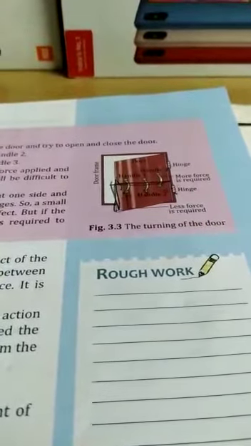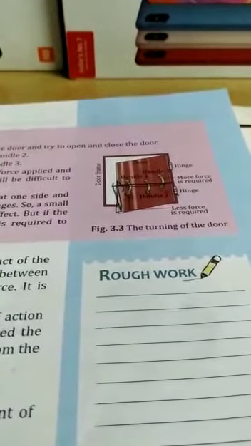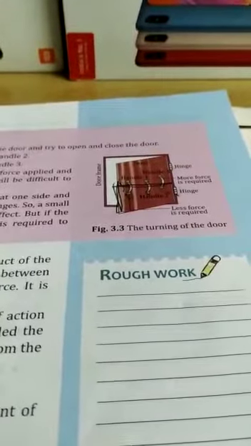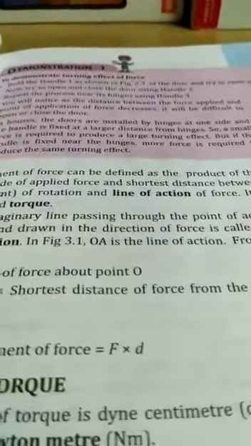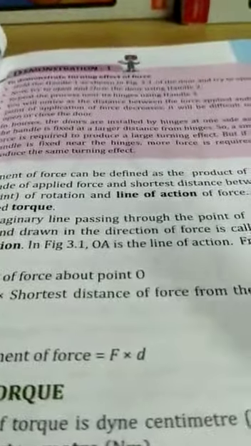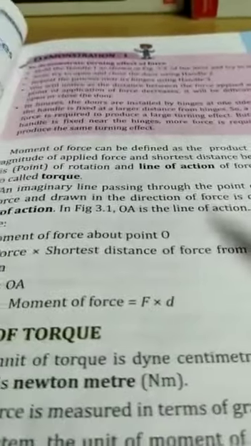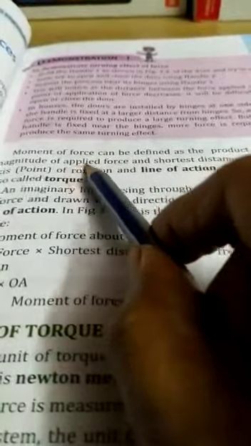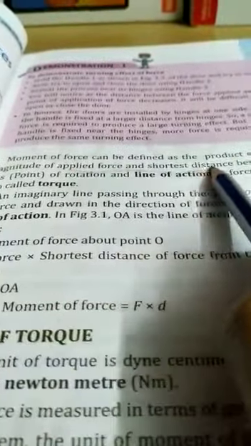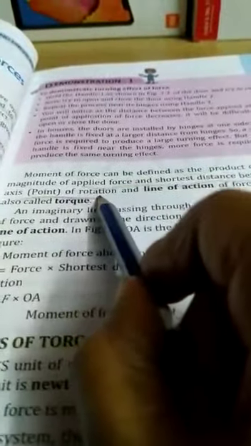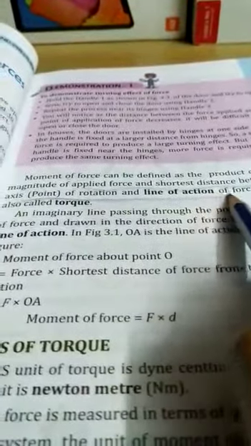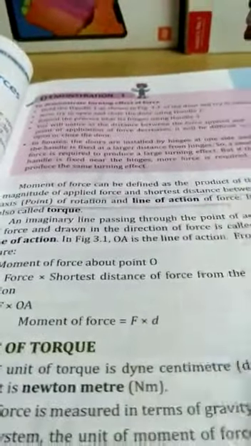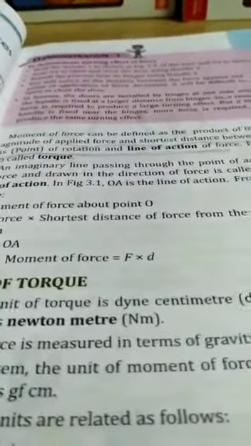And this line of action along with the magnitude of the force is known as moment of force. This moment of force can be defined as the magnitude of applied force and the shortest distance between the axis of rotation and the line of action of the force. In other words, it is called torque.